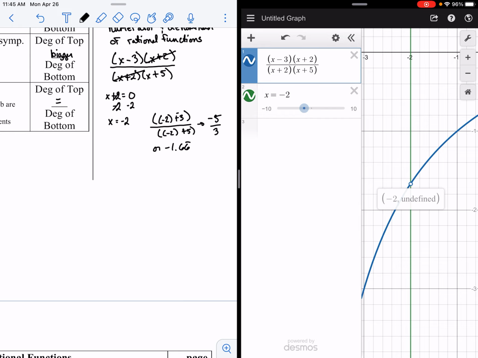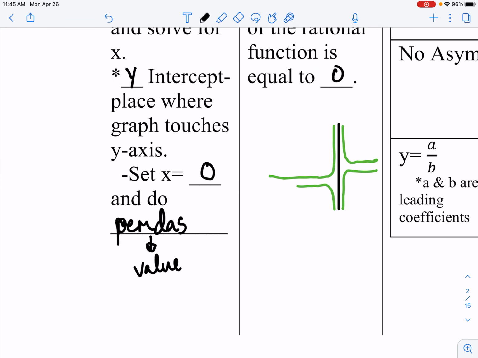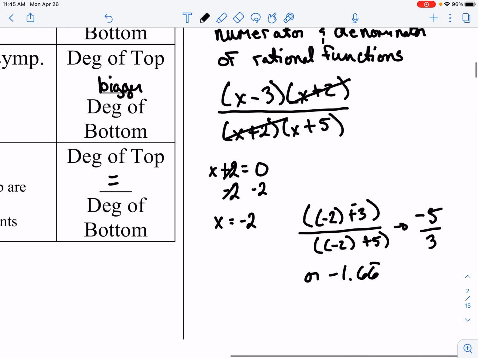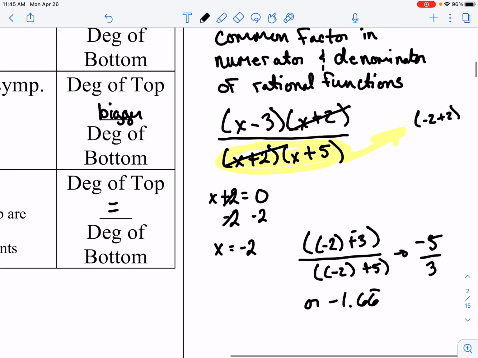The reason this is being is because at negative 2, if I were to plug negative 2 into this down here and evaluate, right? So if I only evaluate the bottom, negative 2 plus 2 times negative 2 plus 5, I really have 0 times 3, which is then 0, which forces us to divide by 0, and we remember we can't do that.